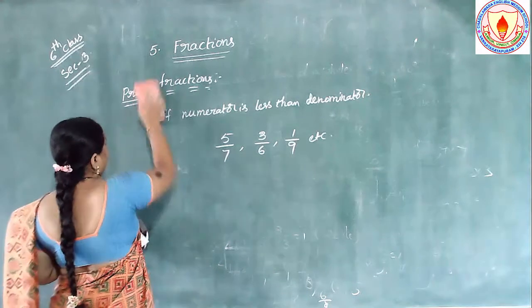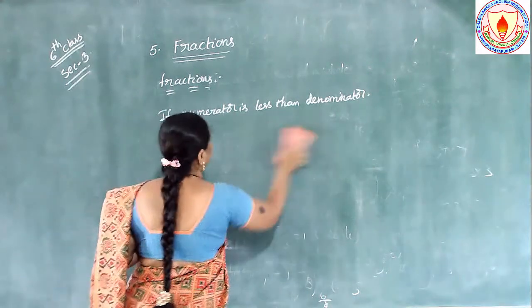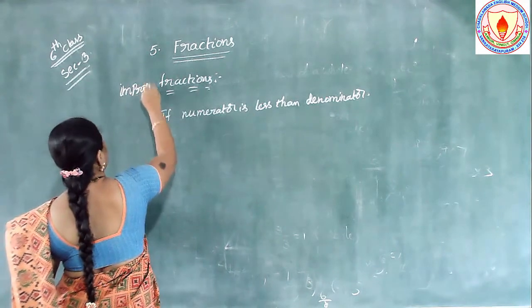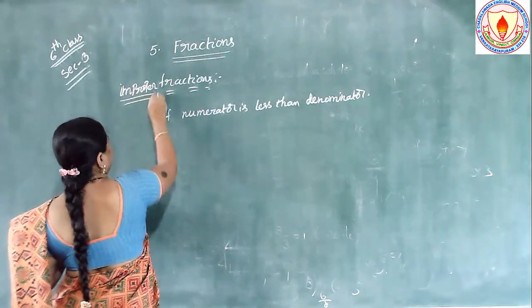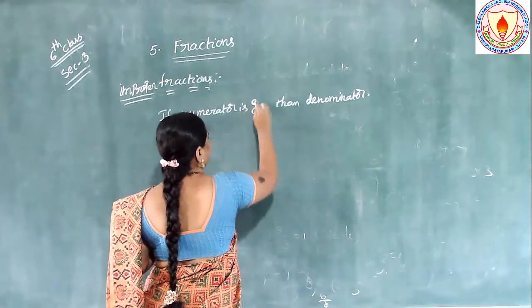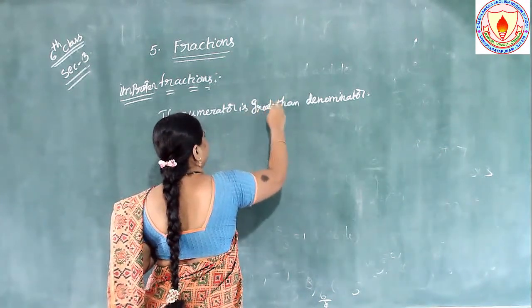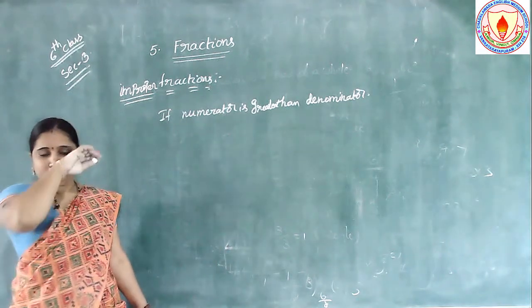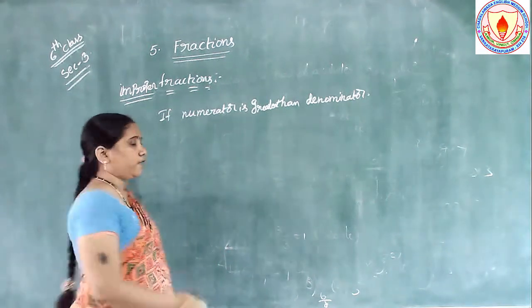Come to the next one, improper fractions. If the numerator is greater than the denominator, it is called an improper fraction.